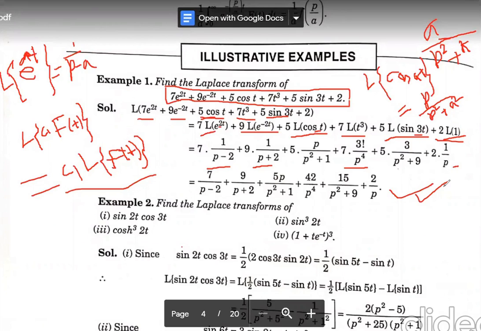If not, then you have to make some adjustment with the function, and then you need to apply the formula, because you can't change the formula.